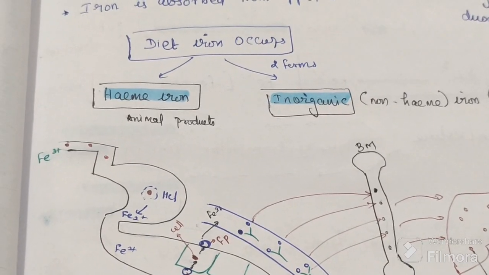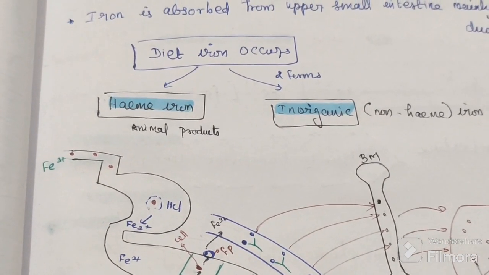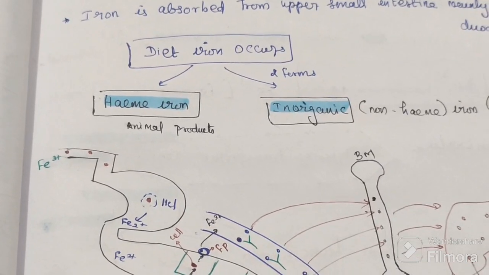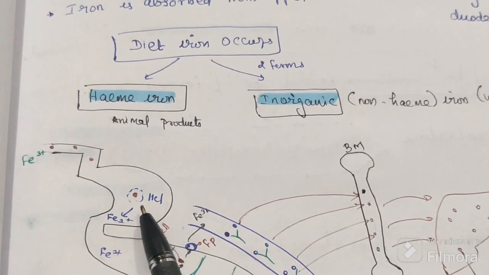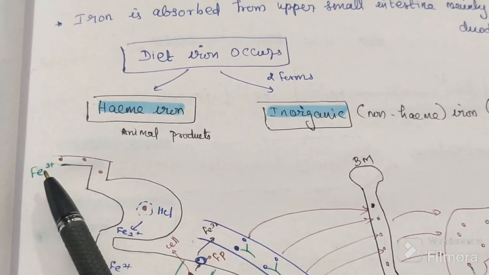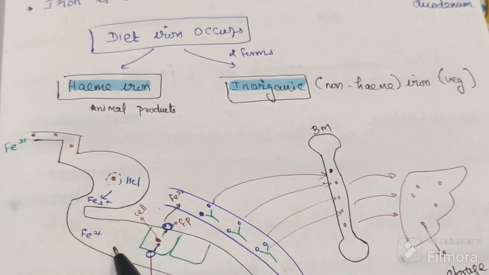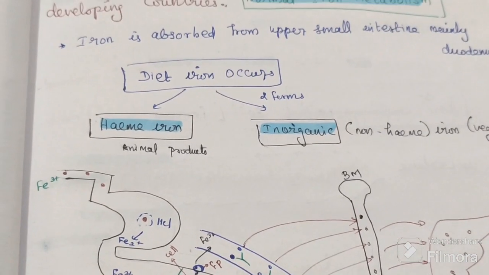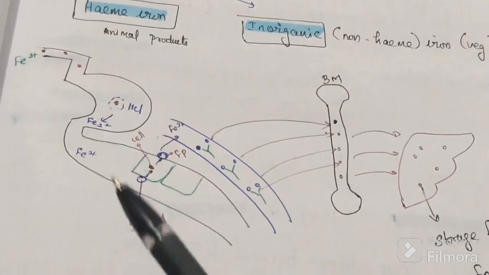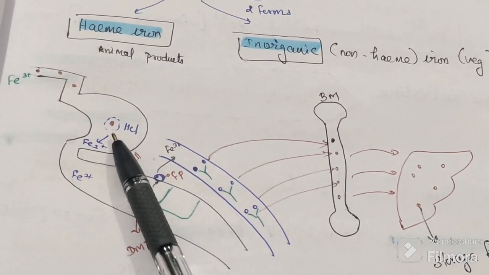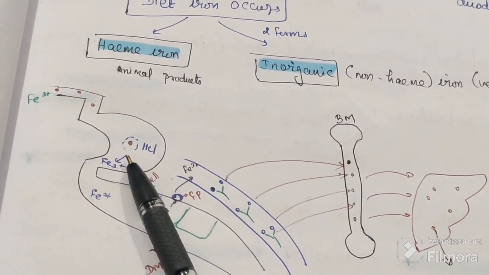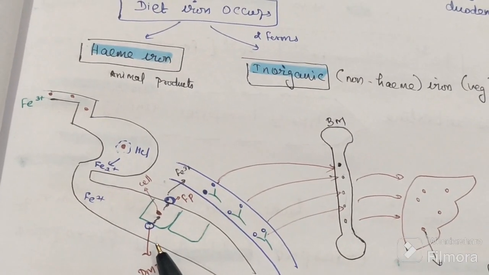Ultimately Fe2 plus is formed: because of HCl secretion, Fe3 plus is converted into Fe2 plus, so ferric becomes ferrous.